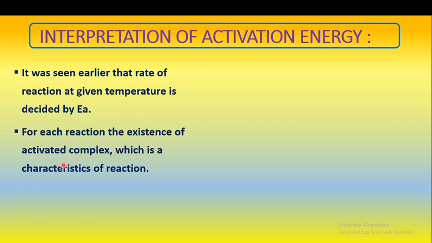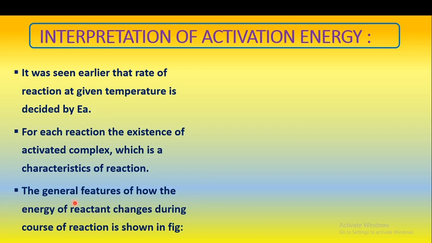When reactants get excited with activation energy EA, they are converted into the activated complex so that they get easily converted into product. So the activated complex is the characteristic of the reaction.